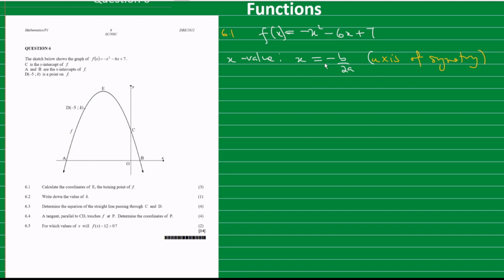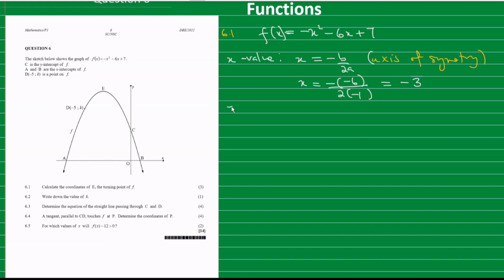So our b is negative 6, and x is equal to negative of negative 6 over 2 times a. Our a is negative 1, which gives us x equal to 6 over negative 2, that will be negative 3. That is the x value of the turning point.